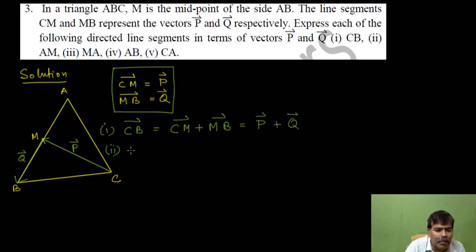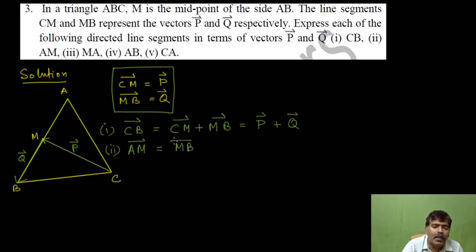Number 2 is AM. I'm giving vector sign, means from A to M. So what you can do is, AM is basically MB.